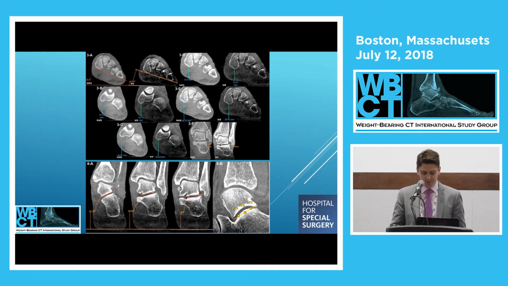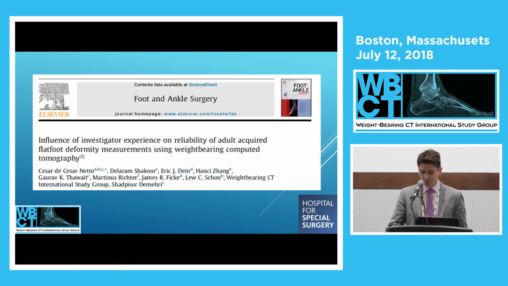We did a bunch of measurements, and I'm not going to go into the details here. You can read the paper. Once we demonstrated that it was possible to do the measurements in the weight-bearing CT in a reliable way, I wanted to show if we need experts to be doing this, or can we use healthcare personnel to do the measurements for you, because they take a lot of time.